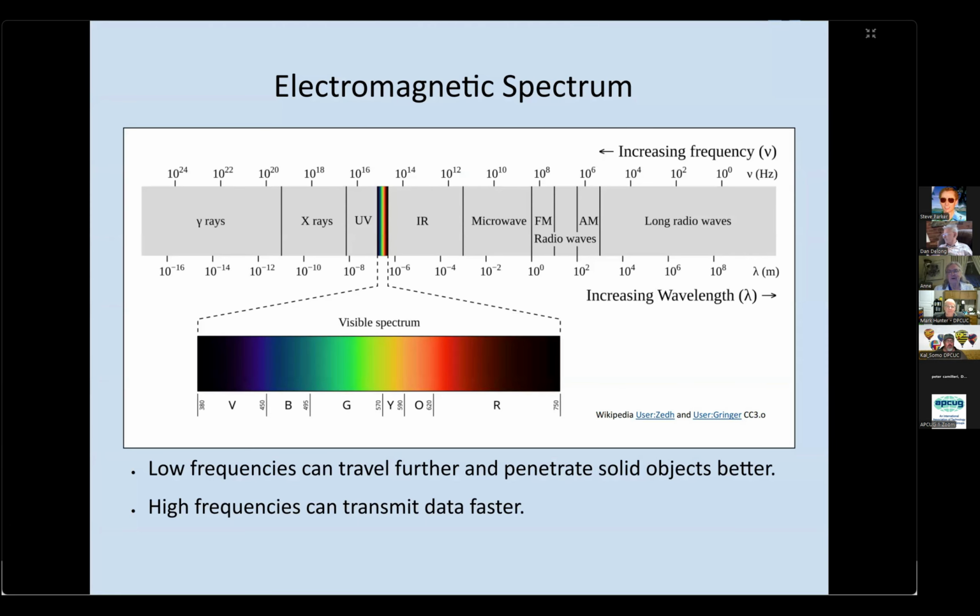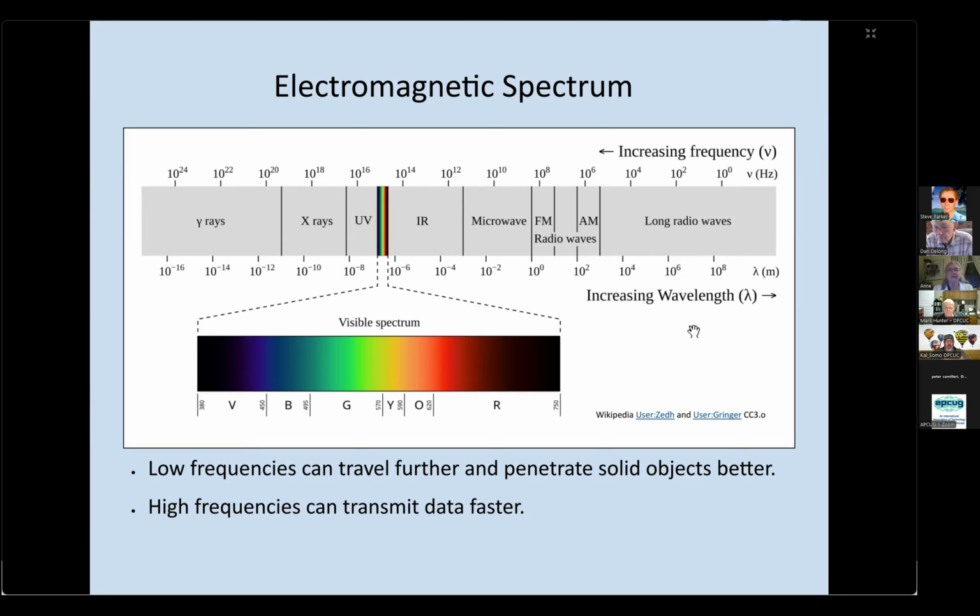Okay, so I'm going to start out with this lovely picture of the electromagnetic spectrum. Probably most of you know this already, but most of the wireless communication, not all, but most of it, goes through the electromagnetic spectrum, and that includes the infrared.